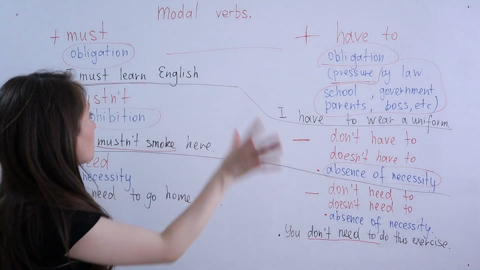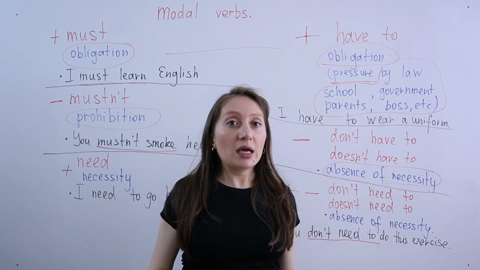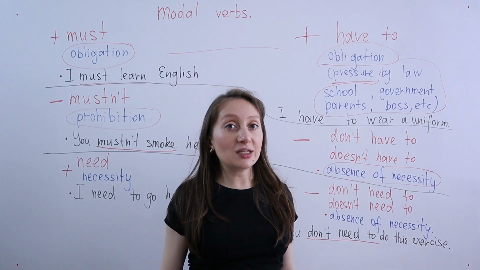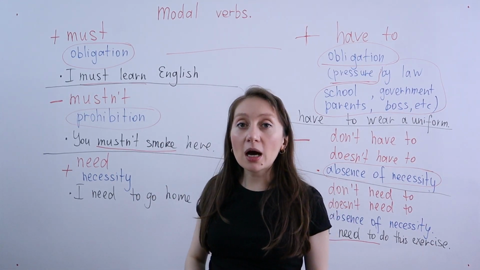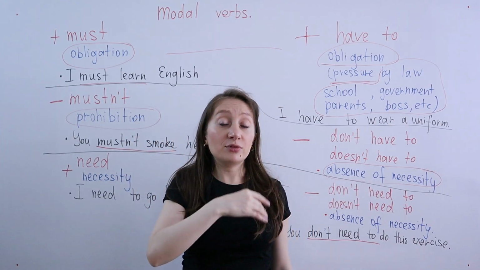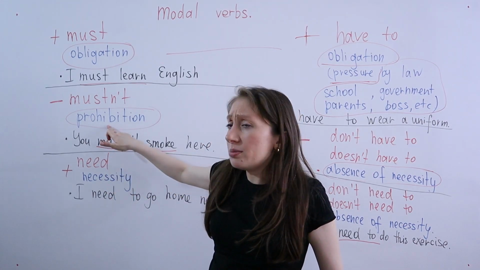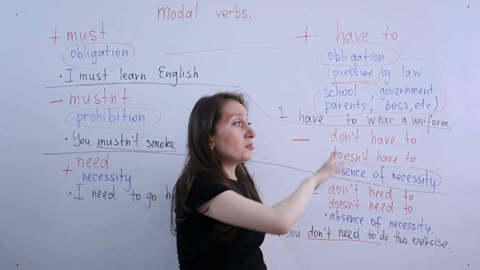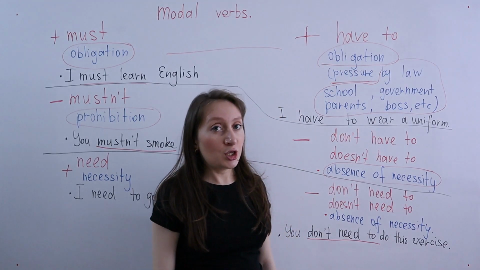So in total you will have 6 sentences, all right? 3 positive sentences, 3 negative sentences. Try to follow the rules. You have to talk about obligation, okay, use must or have to. Necessity, okay, need. Prohibition, mustn't. Absence of necessity, don't have to, or maybe don't need to, and so on.